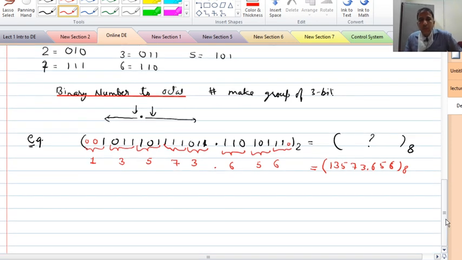Okay. So, in this way we can convert binary to decimal and decimal to binary, binary to octal and octal to binary, or octal to decimal and decimal to octal.